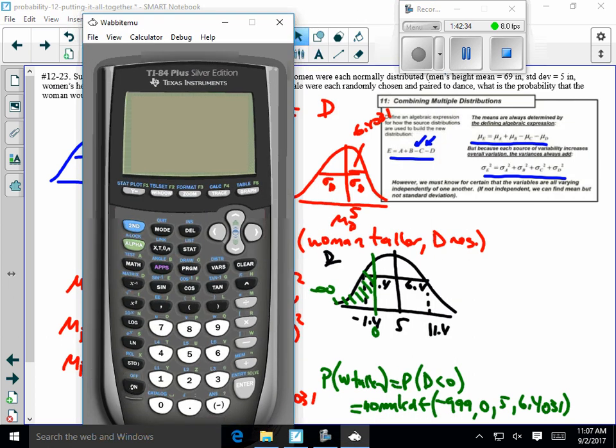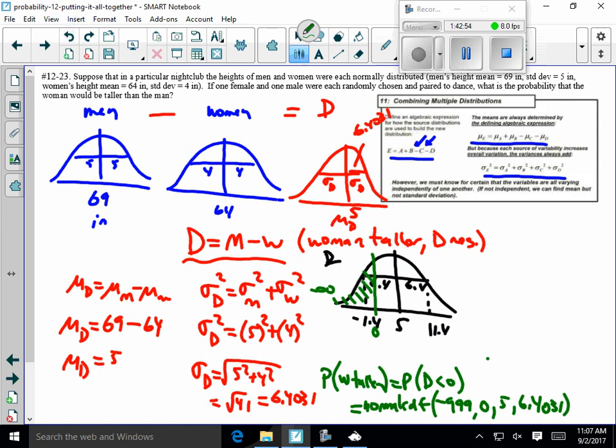Normal CDF from negative infinity to 0 as the upper boundary, if the mean of the differences is 5 and 6.4031 is the standard deviation. That turns out to be 0.2174. Okay, so in this particular nightclub with this distribution of men and women, there's about a 22% chance that if you randomly pair a man and a woman, the woman would be taller.